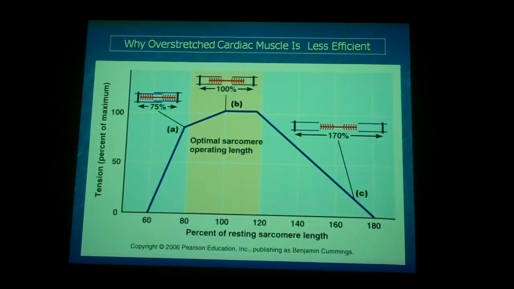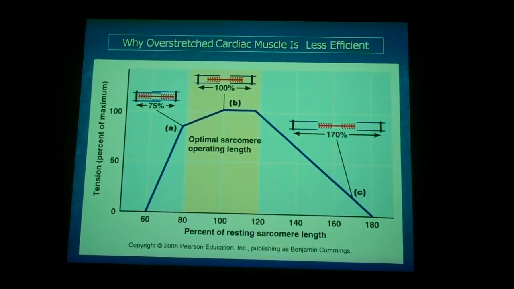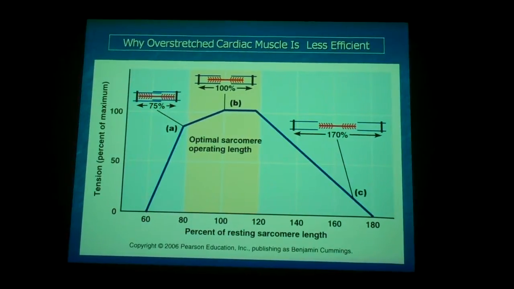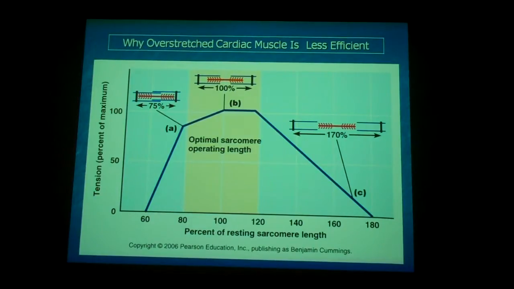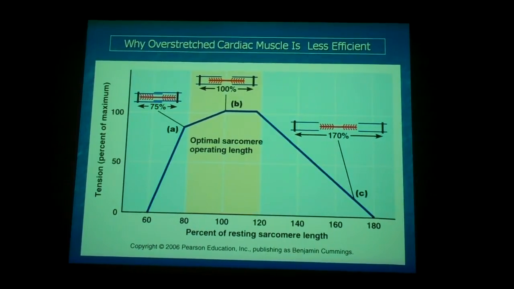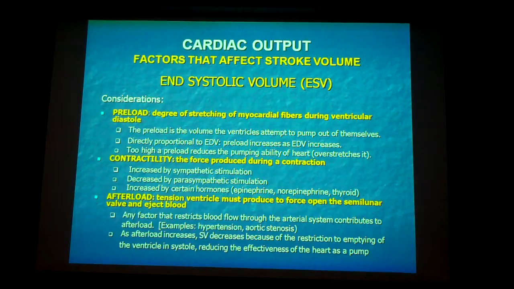In other words, if you've got too much resistance out here, as we'll discuss next week in blood pressure and circulation, if that heart is having to work extra hard to get the blood out of itself, or if you've got an aortic valve that's tight and the ventricle is not able to deliver its blood with each stroke fully out of there, you are going to stretch the fiber, and the cardiac muscle fibers are going to build up and increase their bulk, and the heart will get large, and you'll get left ventricular hypertrophy from an overworked heart.